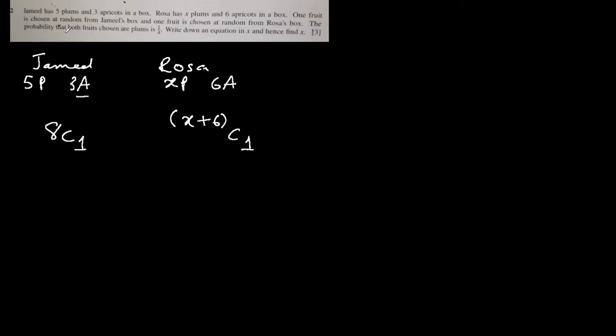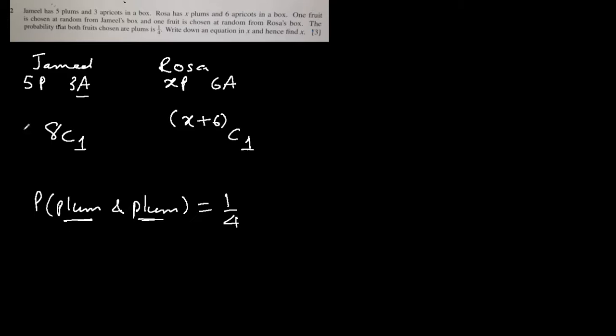The probability that both fruits chosen are plums is 1/4. So basically it will be the probability of a plum and a plum. Plum in Jamil's box and plum from Rosa's box is 1/4. Write down the equation in terms of x and find x.